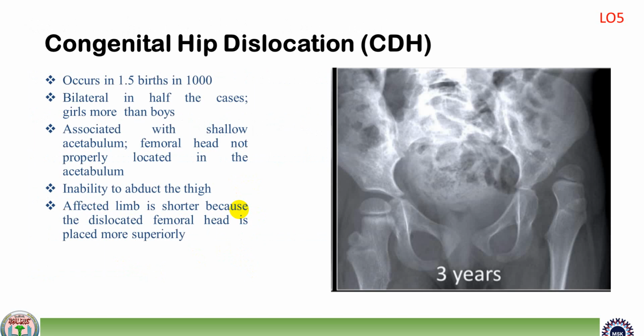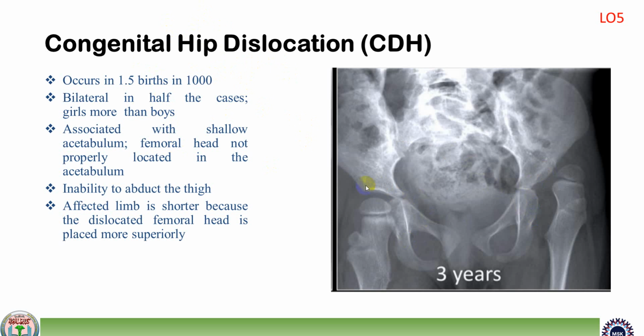Start with the dislocation. We said it could be congenital or acquired. The most common congenital dislocation usually occurs in the hip joint, about 1.5 per 1,000 births. It may be bilateral, and usually affects girls more than boys. The acetabulum here, if you see, is shallow in comparison with the normal.